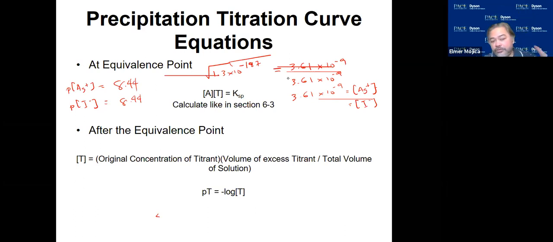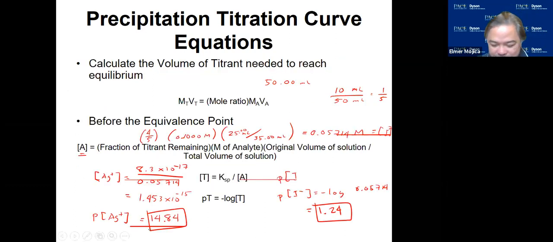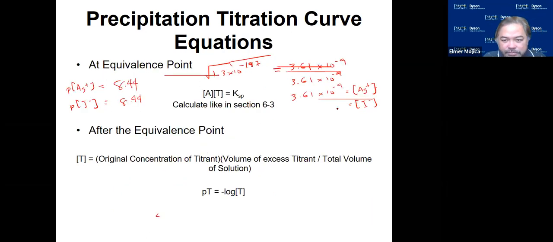Okay. Now look at the value. So initially, your silver has this value, and from this concentration to this concentration. Now, does that make sense?